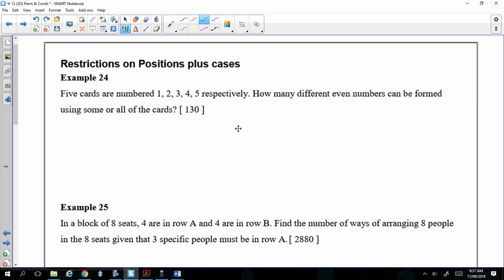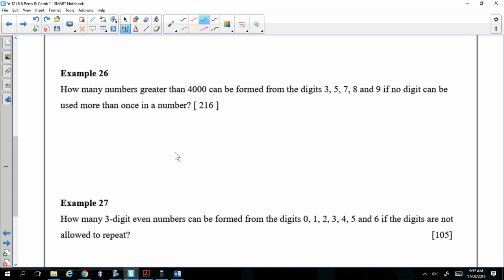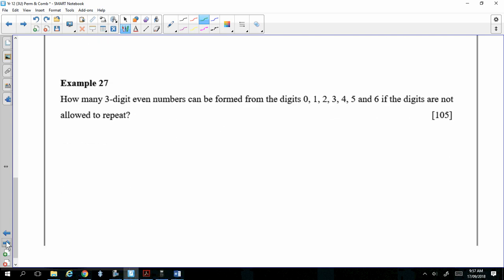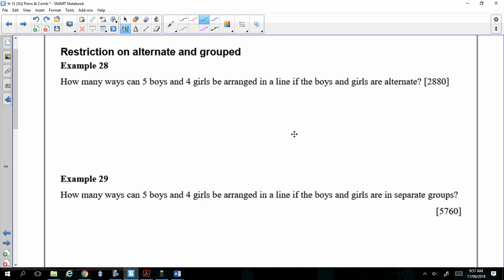They're all the same. I want to do some questions on maybe this one, on page 12. Example 28: how many ways can 5 boys and 4 girls be arranged in a line if the boys and girls alternate? Who wants to have a try?